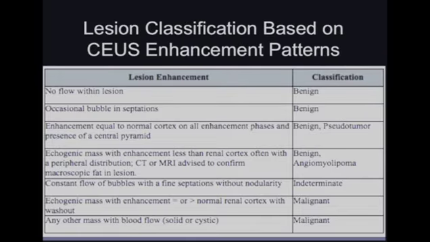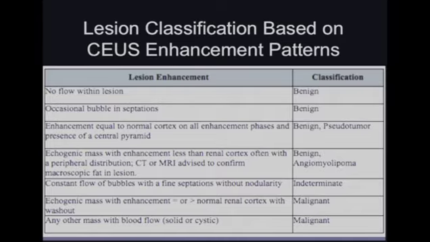We had our lesion classification based on contrast-enhanced ultrasound enhancement patterns. We considered a lesion with no flow within the lesion as benign. If there were occasional bubbles in the septi, usually seeing a single bubble going through the septation, we considered that benign.